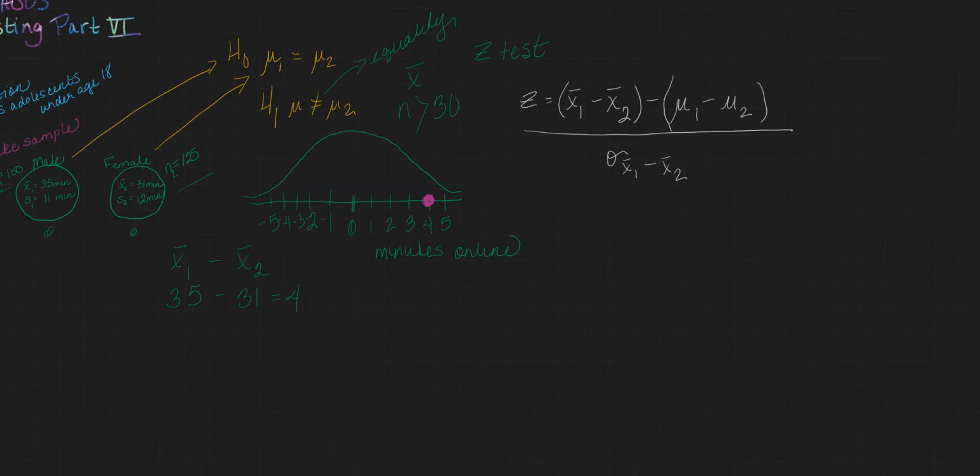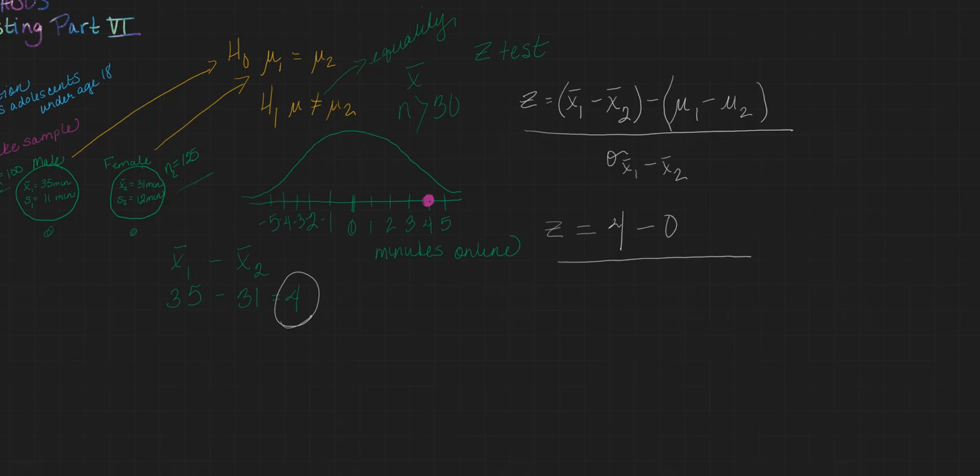Let's go ahead and plug in what we know, and then I'll work you through something that I have a feeling is maybe freaking you out just a little bit. So we have z equals, and we know x bar 1 minus x bar 2 is 4. And because we're using a standard normal distribution, mu 1 minus mu 2 is going to be 0.